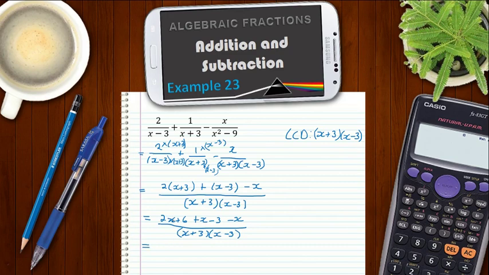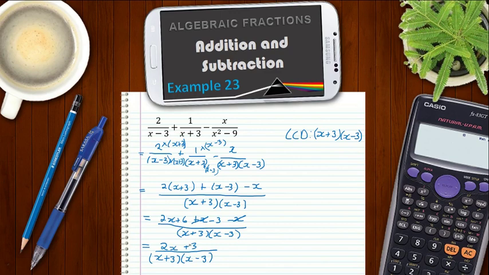Then we simplify by adding the like terms, 2x plus x minus x. So plus x and minus x equals 0. So we just have 2x, and then 6 minus 3 is 3. That's all over (x plus 3)(x minus 3).